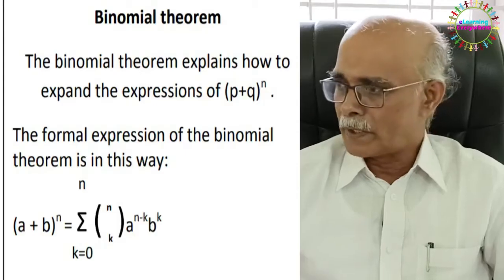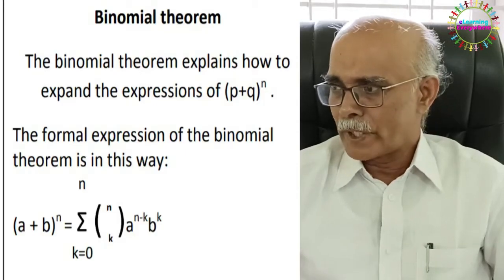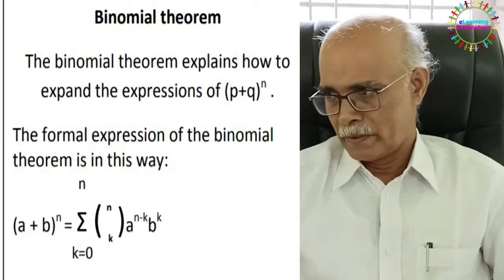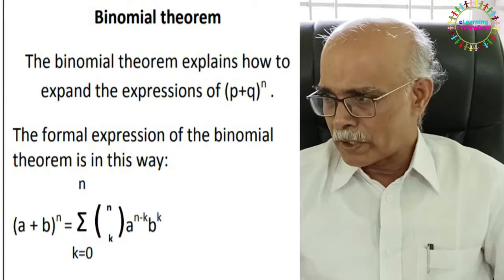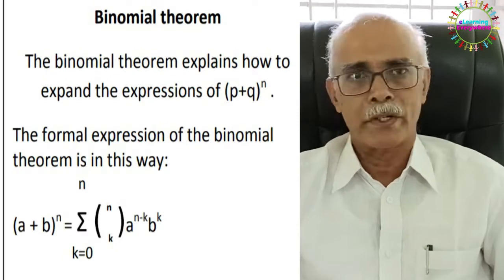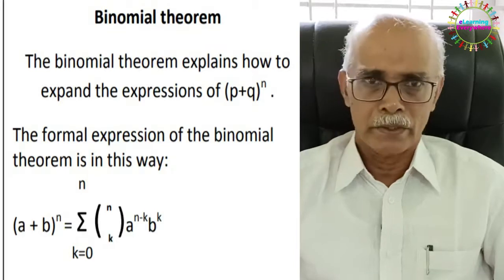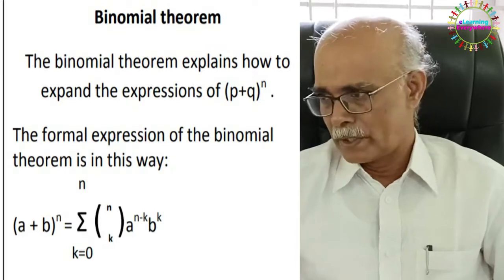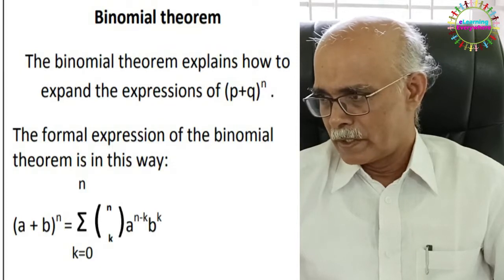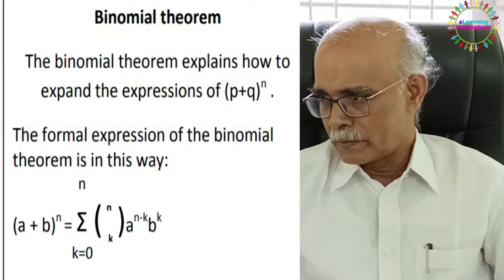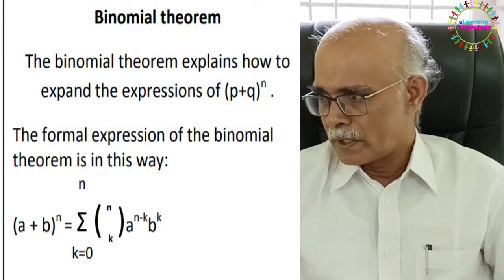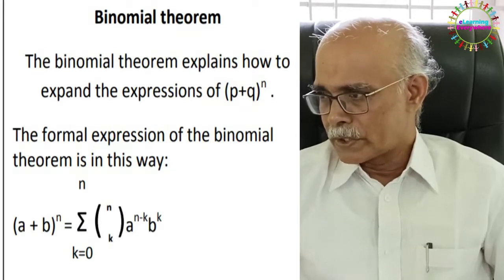The binomial theorem explains how to expand the expressions of p plus q raised to n. The formal expression of the binomial theorem is given. So, binomial theorem is p plus q raised to n, and now we may see how we will find out the terms of the binomial.